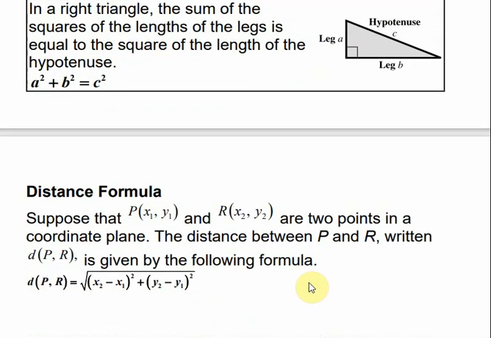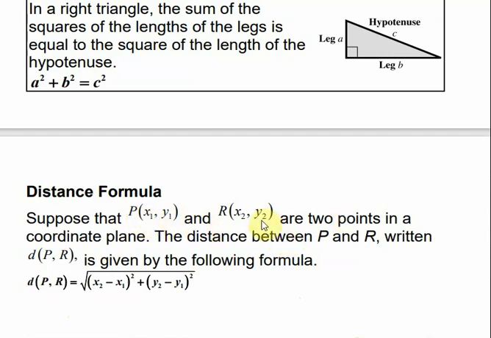The next formula is the distance formula. The distance formula is a way to find the distance between 2 points on the coordinate plane. And that formula is right here. D is equal to the square root of x sub 2 minus x sub 1 squared plus y sub 2 minus y sub 1 squared.